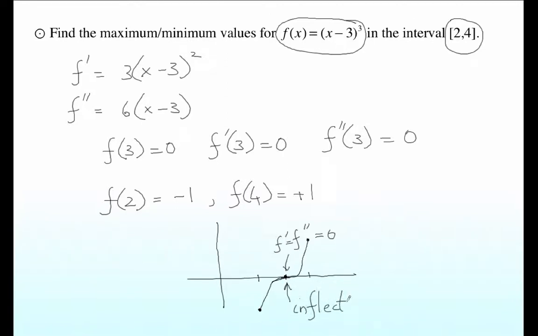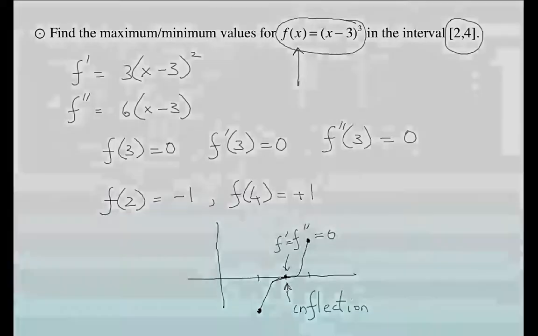And so we do not have a local maximum or a local minimum for this function here, f of x. The maximum value is 1 in this interval. The minimum value is minus 1 in this interval, and there is no local maximum or minimum.